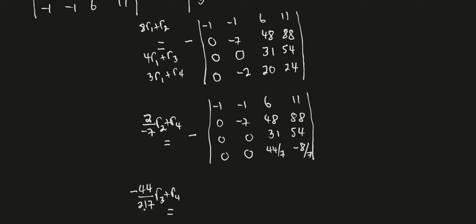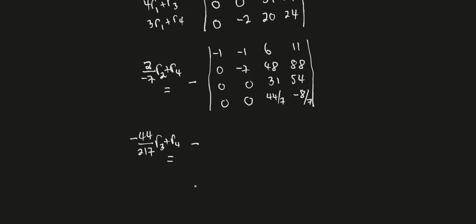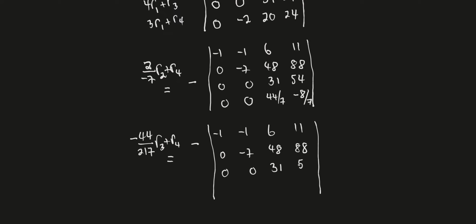And again, we know that this operation will not change the determinant. So bring down the negative sign. And so now, again, the first 3 rows won't change. Right, like that. 0, -7, 48, 88, 0, 0, 31, 54, 0, 0.